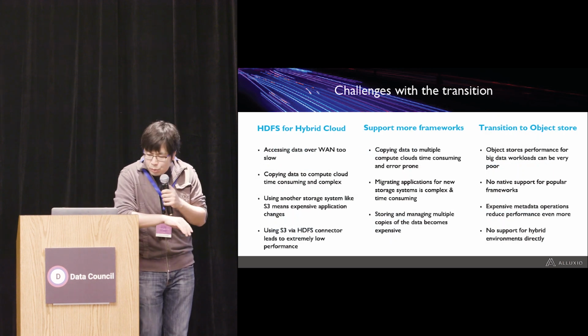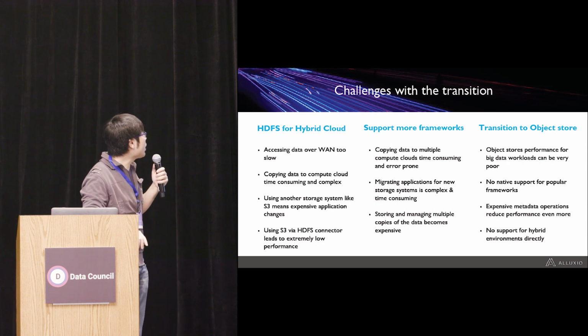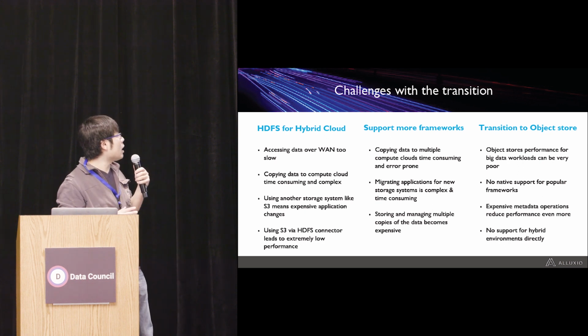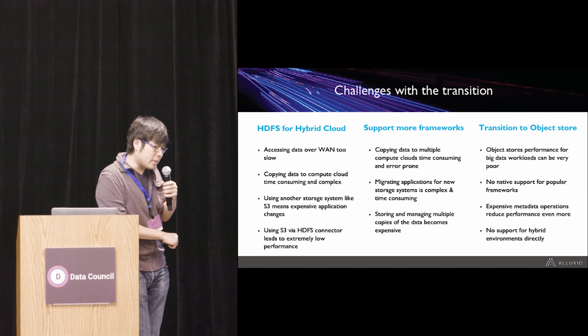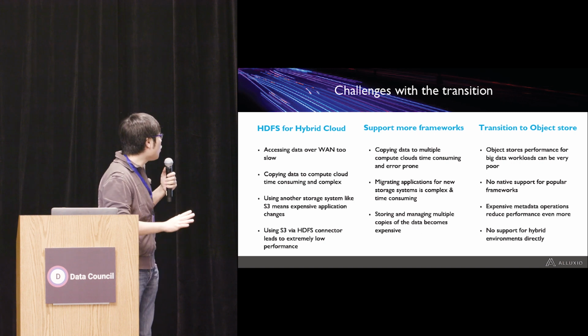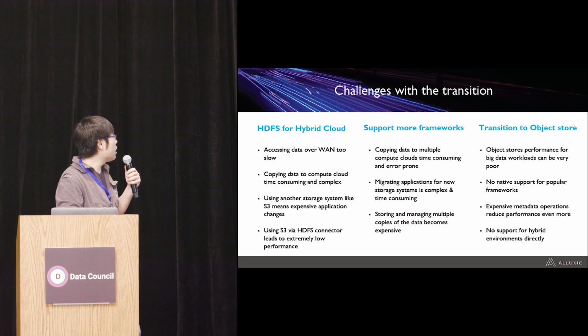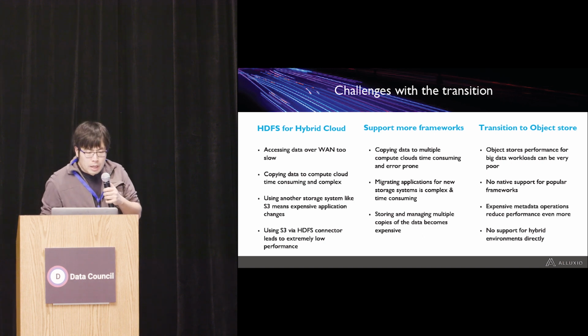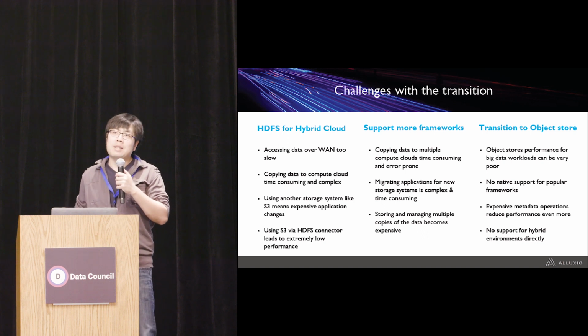So associated with this transition, we do see a lot of different challenges. One is how we can use HDFS well in a hybrid cloud. If you just directly read data from HDFS, it typically can be over the network, a public network. It can be very slow or expensive. Also, copying data, like doing the traditional ETL, can be less efficient.